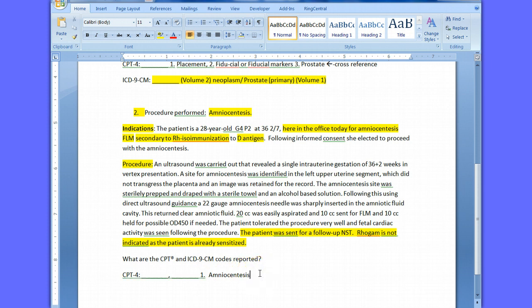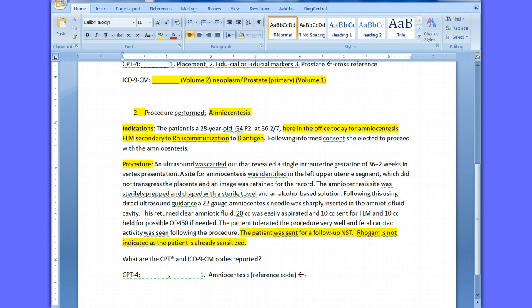And then once we go to the word amniocentesis in the CPT index, we're just referred to our reference code for amniocentesis. Now we know that amniocentesis is a pregnancy procedure, so we're going to end up in the 5s dealing with pregnancy surgical procedures.